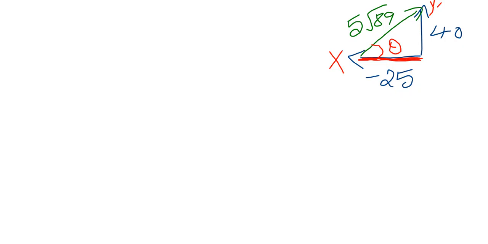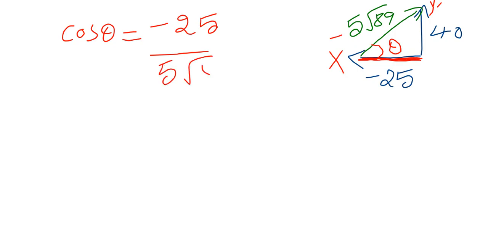So we need the x component, so what should we do? We should take cos theta. Cos theta is adjacent side by hypotenuse. Adjacent side is minus 25 by hypotenuse 5 root 89. On simplification, minus 5 by root 89.